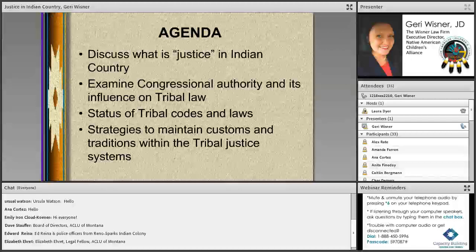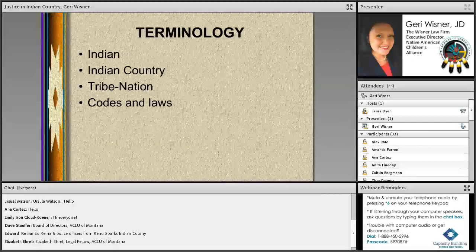We're going to talk about the status of tribal codes and laws, and then we're going to talk about strategies to maintain customs and traditions within the tribe and the tribal justice systems. Okay. So there's our roadmap for what we're going to do for the next 80 minutes now. So here we go.